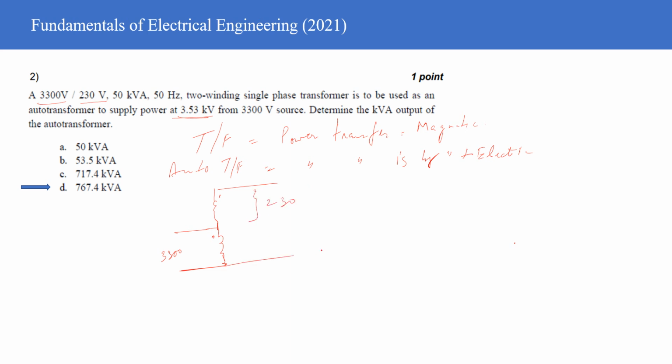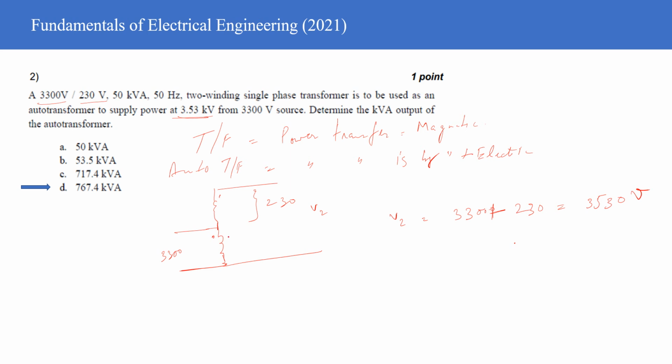So overall, this is your effective output V2. V2 will be equal to 3300 plus 230, that is equal to 3530 volt.